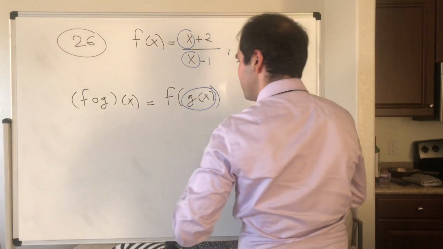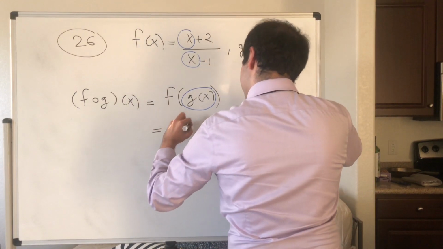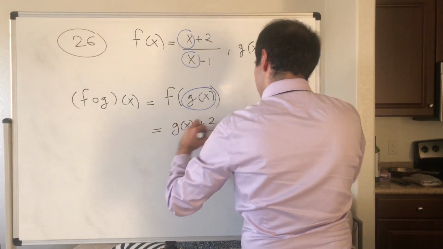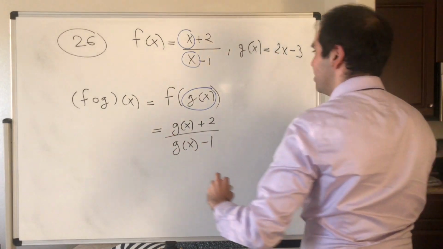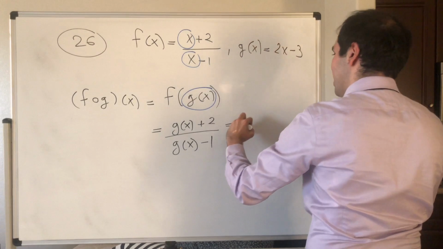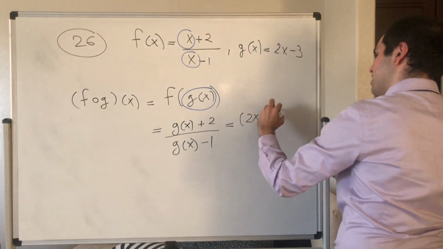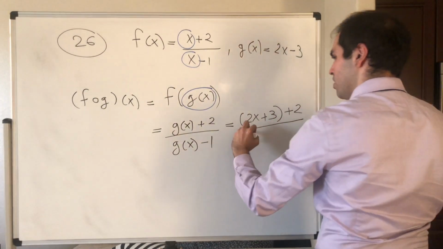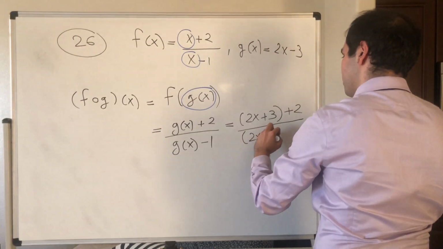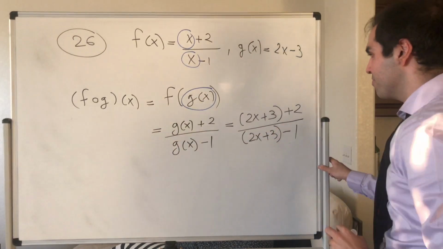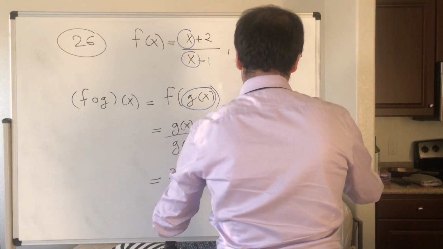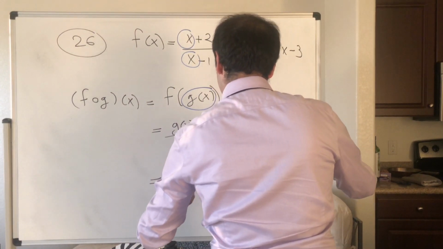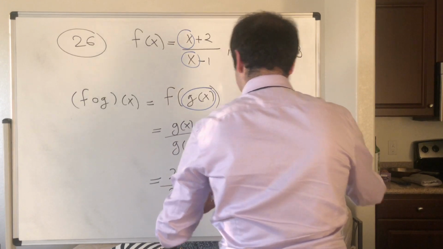So this becomes g of x plus 2 over g of x minus 1. But g of x, that's 2x plus 3. So 2x plus 3 plus 2 over 2x plus 3 minus 1. And that becomes 2x plus 5 over 2x plus 2.